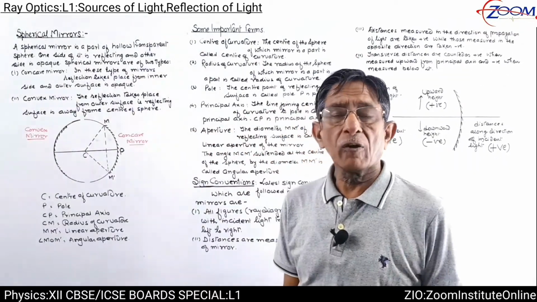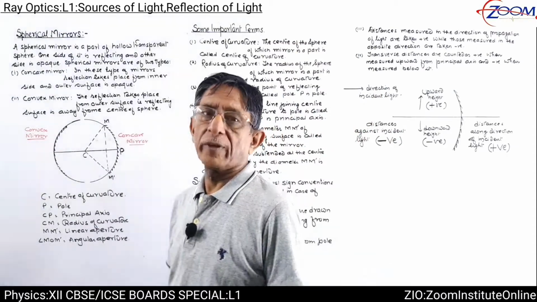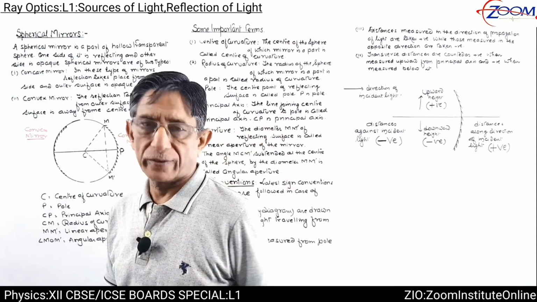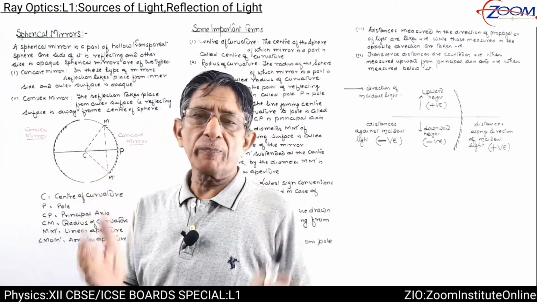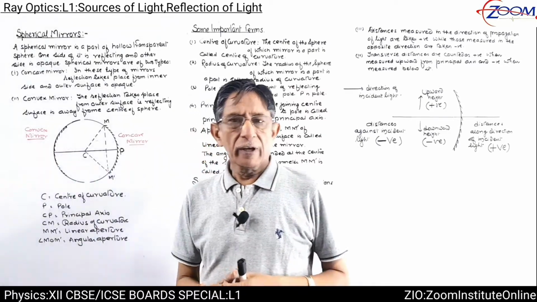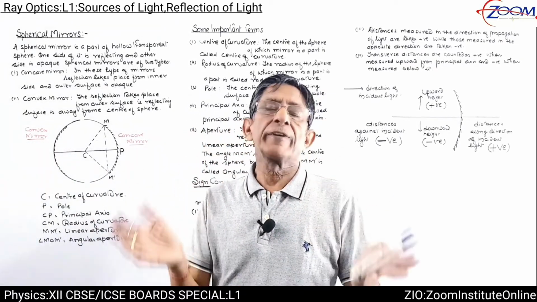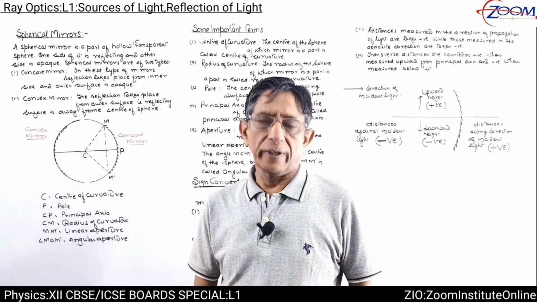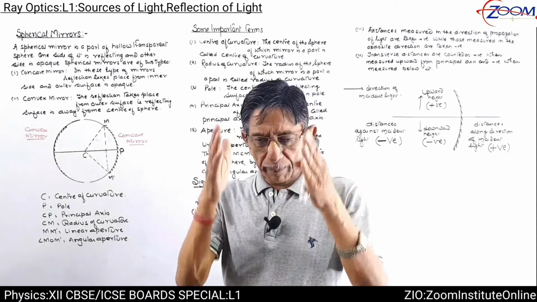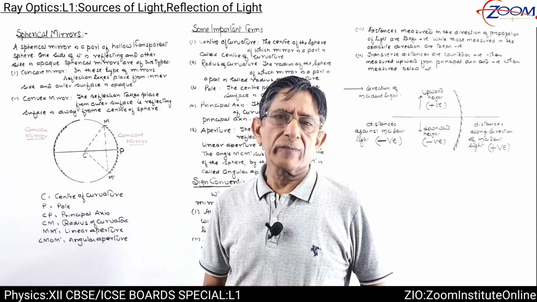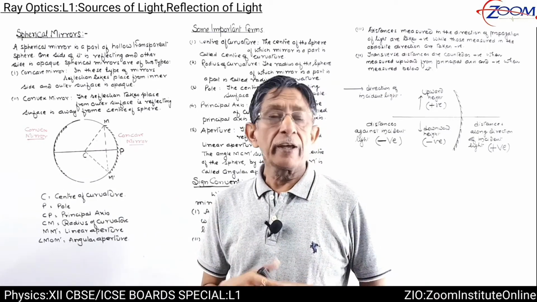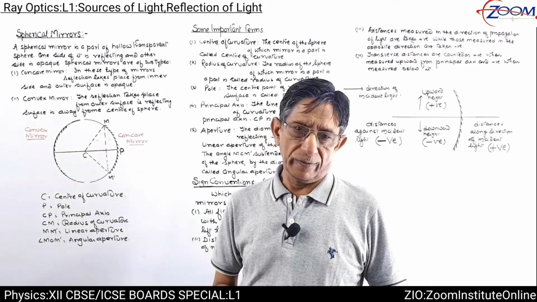Students, now we are passing on to spherical mirrors. What are spherical mirrors? A spherical mirror is a part of a transparent sphere, polished on one side. If you take a part of a transparent sphere and polish one side, then it will behave like a spherical mirror.